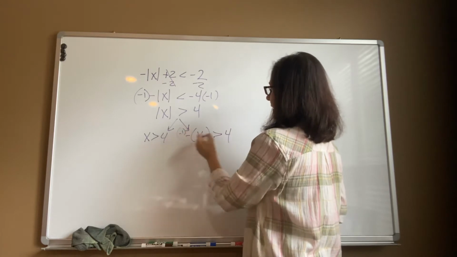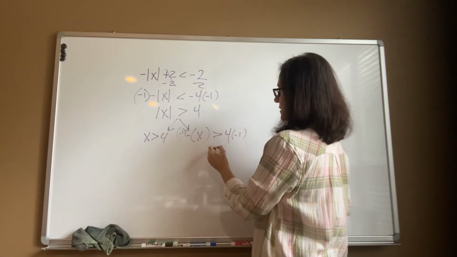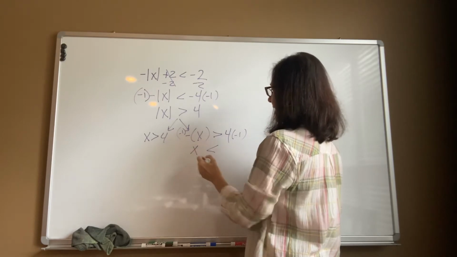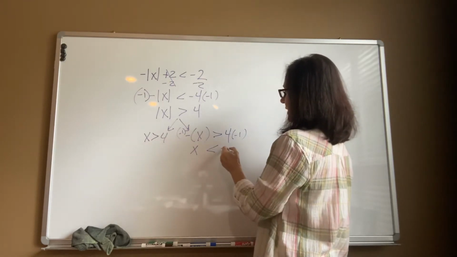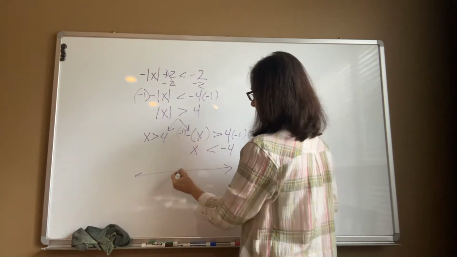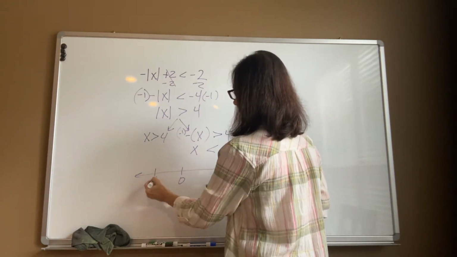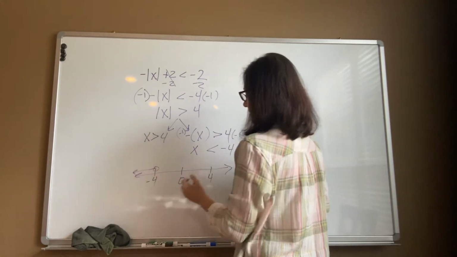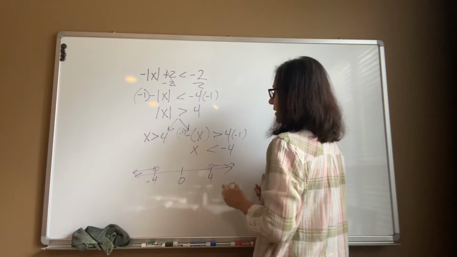When I multiply by negative 1 on both sides, the sign flips. I have x less than negative 4. Graphing that, less than negative 4 goes in that direction, greater than 4 goes in this direction.